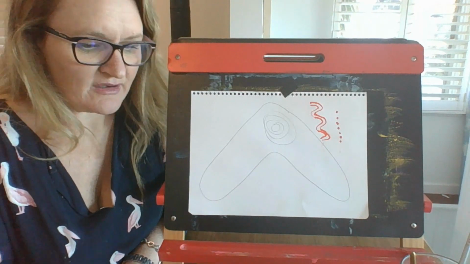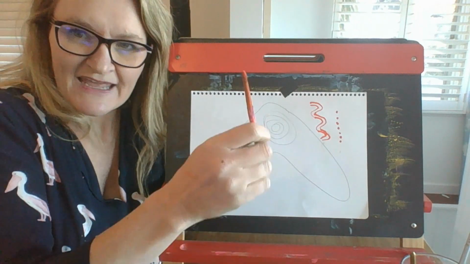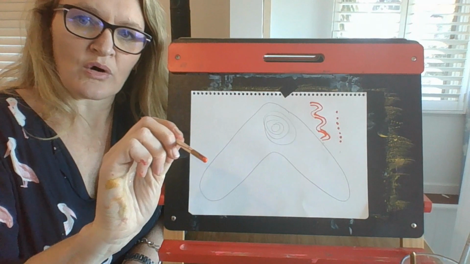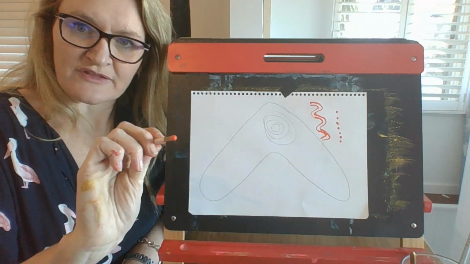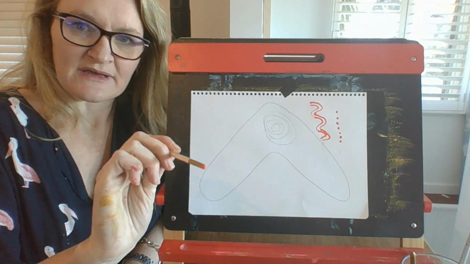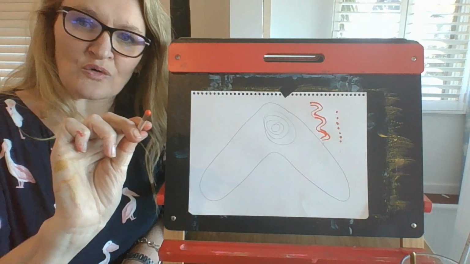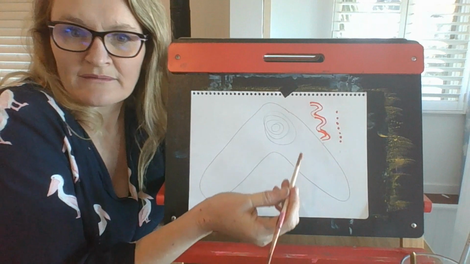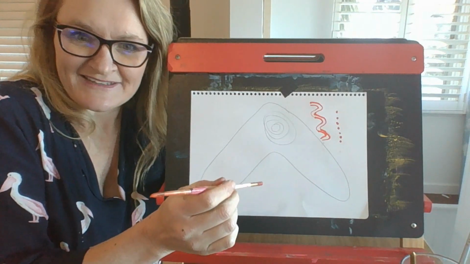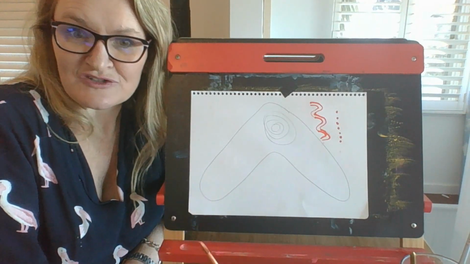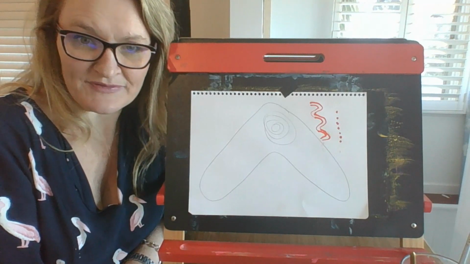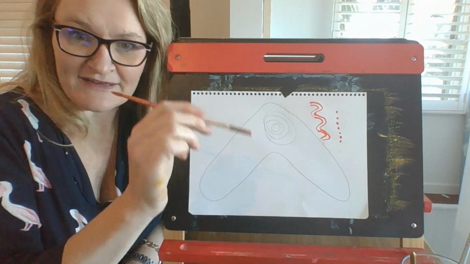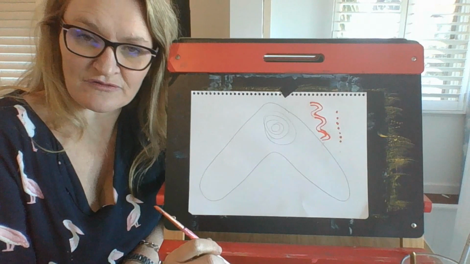And you can see that I had to keep on getting more and more colour onto the end of this brush because it doesn't really hold the colour very well. So even though you might just be drawing one line, you may need to put paint onto your brush maybe 3 times to get enough colour on it to finish that line.